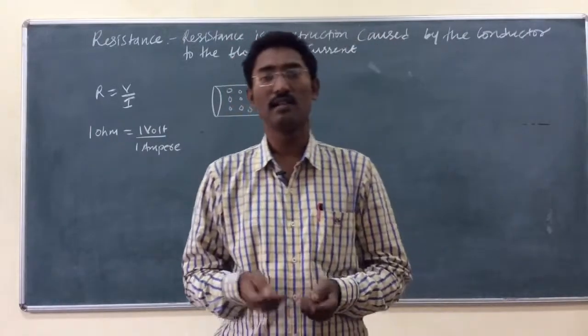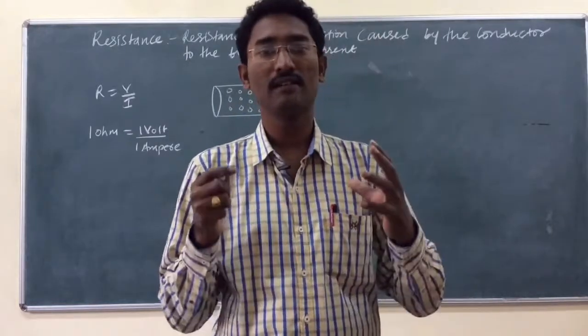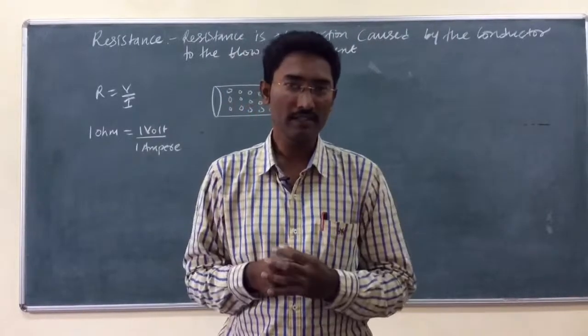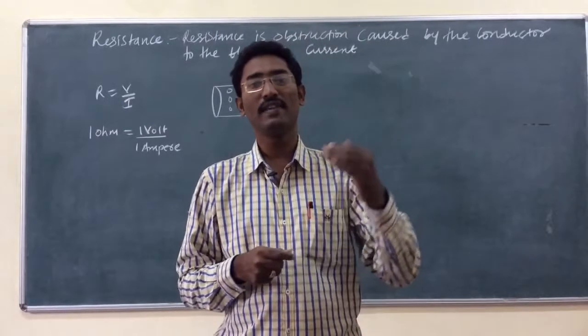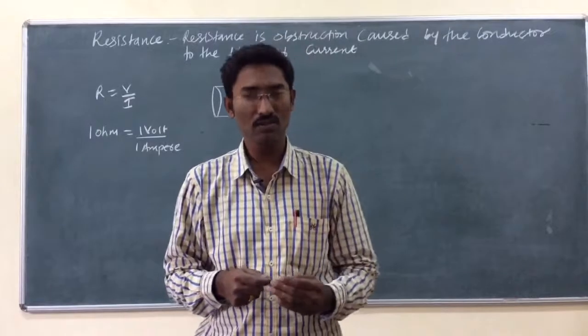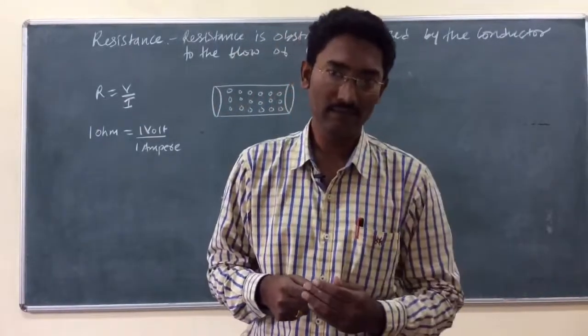Let us consider a conductor. It is a material made up of, first of all, solids. Generally, if we take the example of solid conductors, they have a crystalline nature. The atoms are arranged in a fixed pattern.